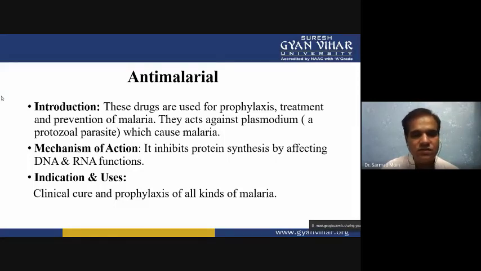Malaria is transferred by the bite of the female anopheles mosquito, and other diseases are also transferred by mosquito bites. But with plasmodium, the female mosquito transfers it when it bites.